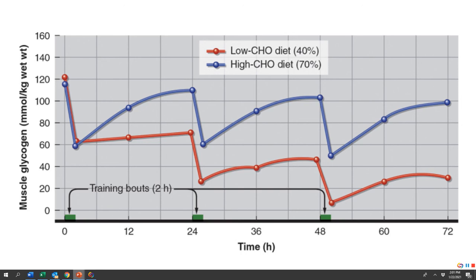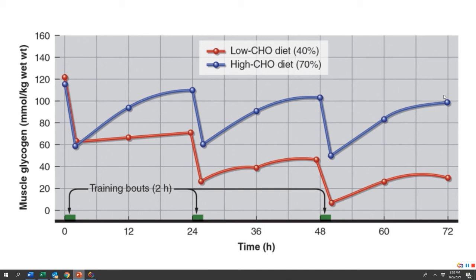Now, getting back to this figure, what do you see here? What's happening to glycogen after training in each of these situations? What you can see is that a 70% diet based on this study was enough to replenish glycogen stores. The people became depleted after the 2-hour exercise bout, but they're able to replenish.